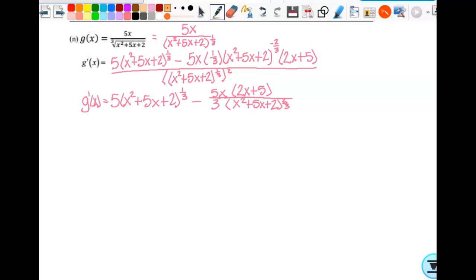Everybody understand where all that came from? 5/3 x, that's where this came from. This is a negative exponent, so it goes underneath, and then this 2x plus 5 stays up there, all over (x squared plus 5x plus 2) to the 2/3 power.